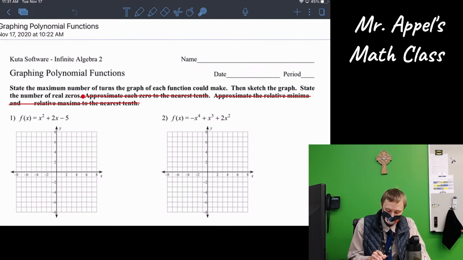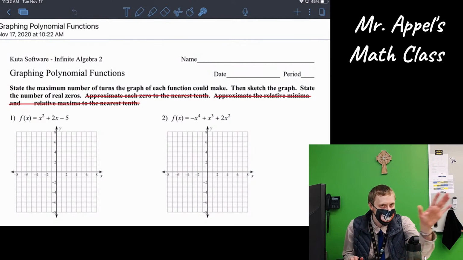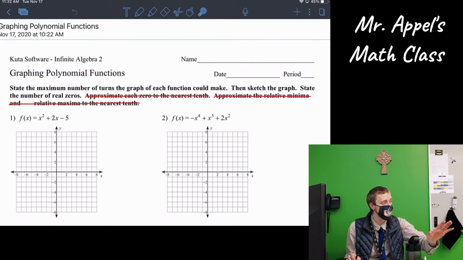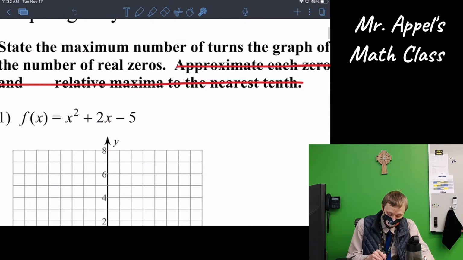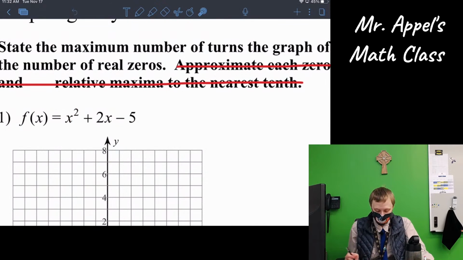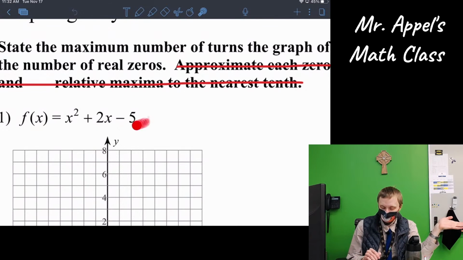We're going to get the maximum number of turns, take a sketch, and the number of real zeros. It's really the maximum number of real zeros, because we're not going to do any calculation. No computation today, okay? Except reading off the power and the coefficients, and one extra little trick I'm going to throw in there, and of course the constant term.